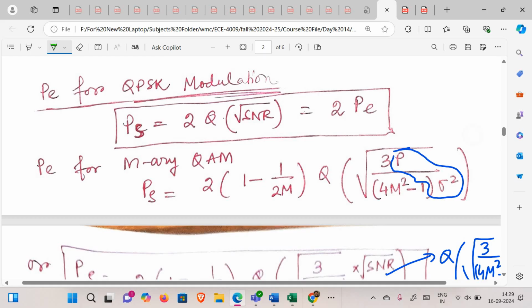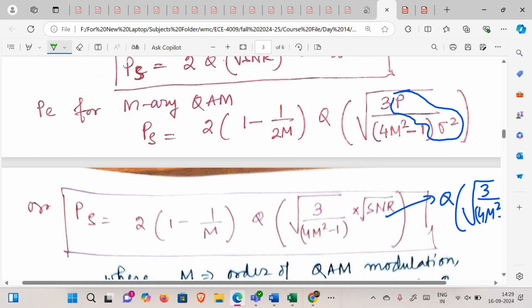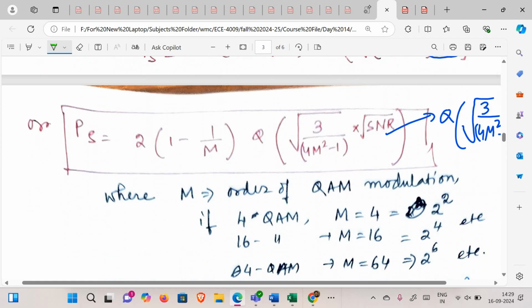So this is given by the expression. Please understand carefully. Here, Ps is equal to 2 multiplied by 1 by 2m, Q function of square root of 3P by 4m square minus 1 sigma square. But interestingly, you can see this P and sigma square also exist over here, and if we take that into account, it will come back to SNR once again.